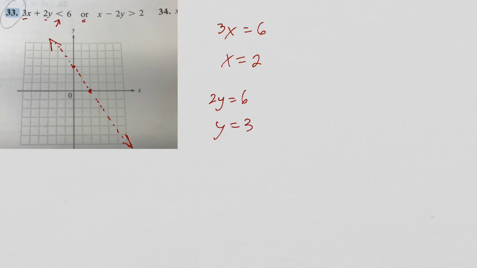This next one, because 1 and 2 go into this, I'm also going to use the intercept method. X is going to be equal to 2 when I eliminate the y. So that's that point there. And y is going to be, well, let's see, negative 2y is going to be equal to 2. So y is going to be equal to negative 1. And this is also a dashed line.